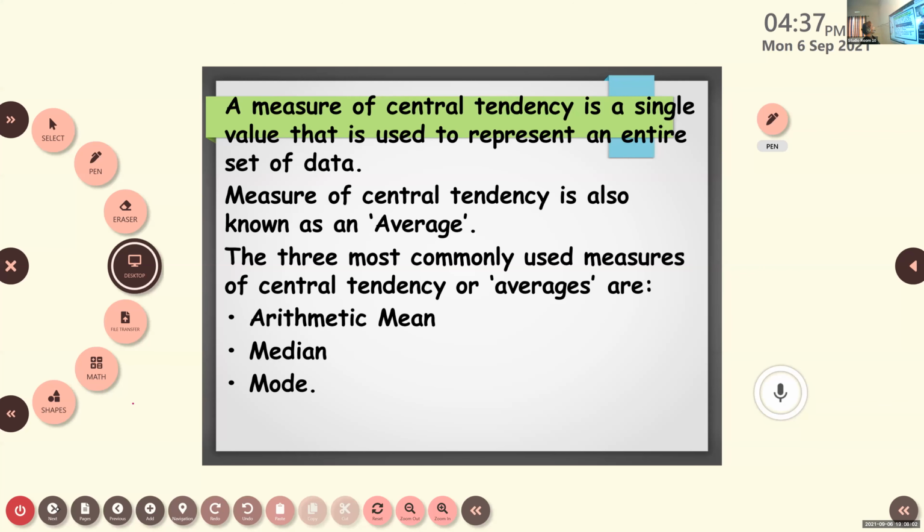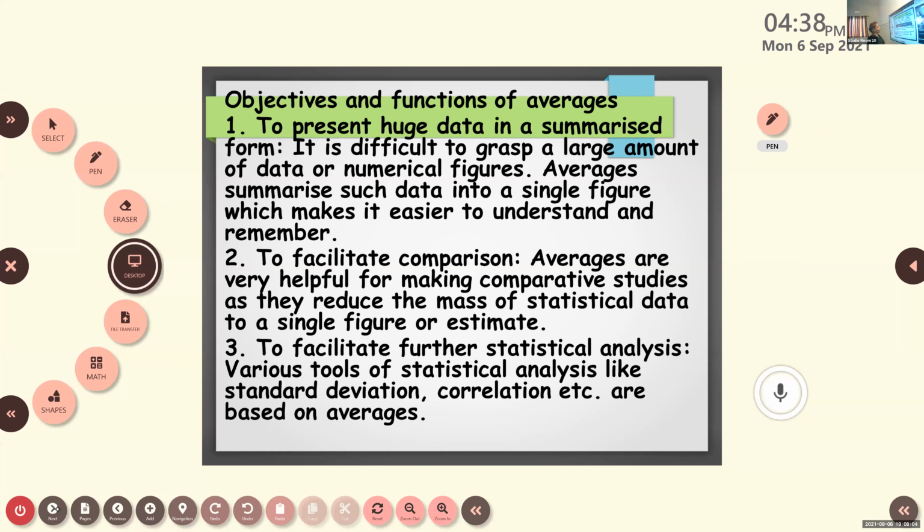Next one. There are some objectives and functions of averages. Why we are finding out these averages, there are some objectives for that. The first thing, whenever we get data that is very large, to summarize that into a small form, we are using the averages.